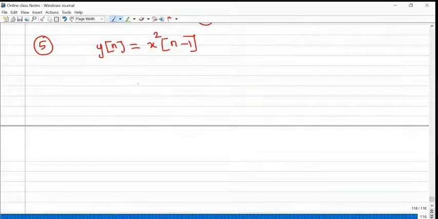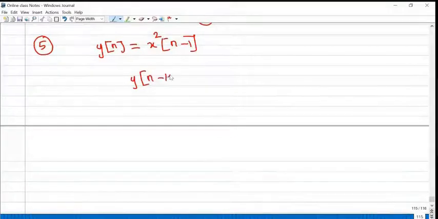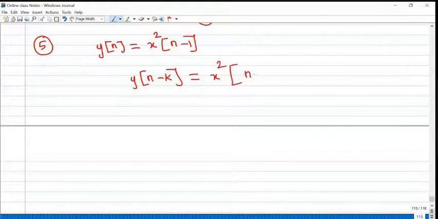Equation number 1. Assume the output of the system is delayed by k amount of time. In y of n, this expression, y of n minus k, wherever n is there, that n is replaced by n minus k.